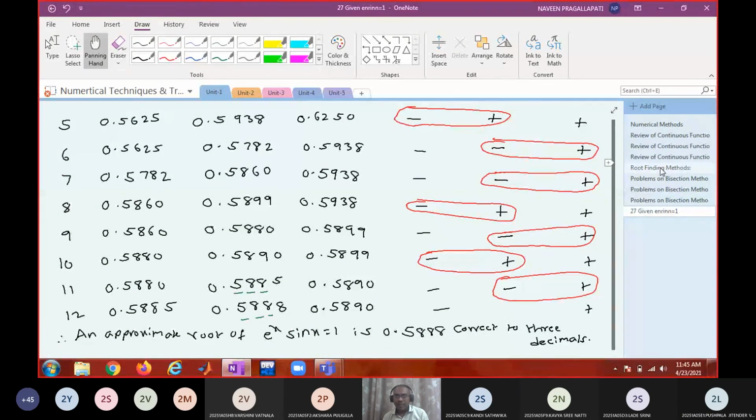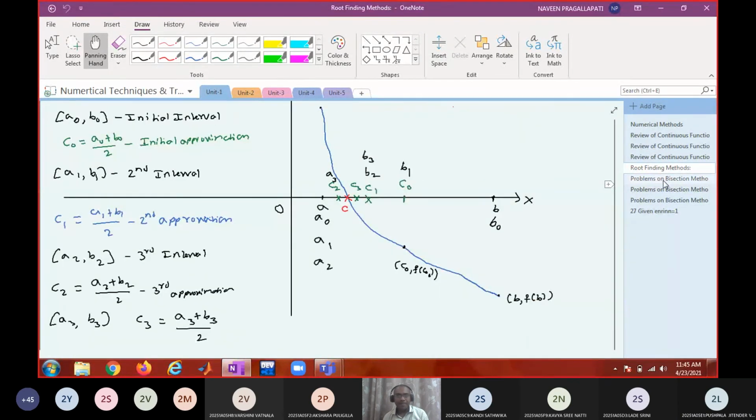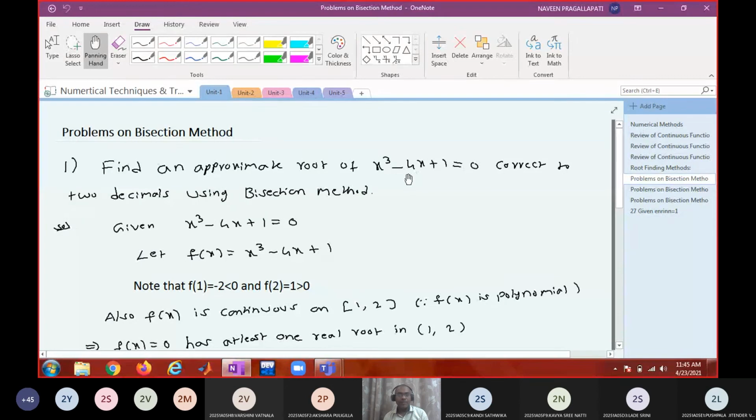Now can you take 2 more problems as homework? Note down this problem.